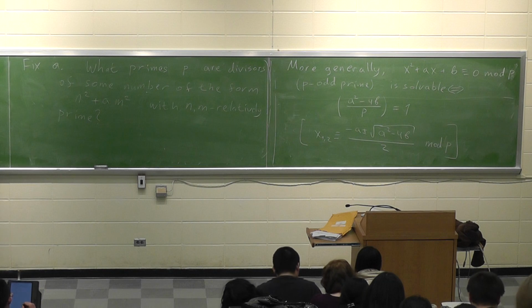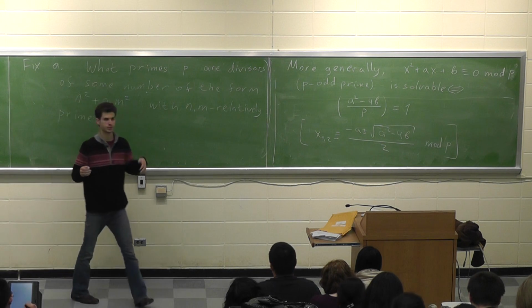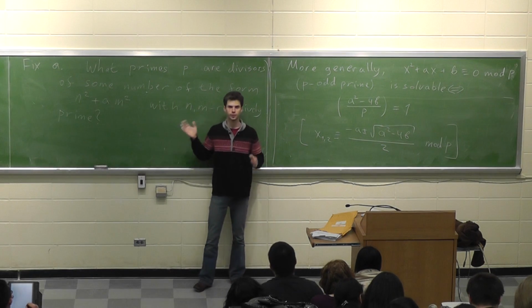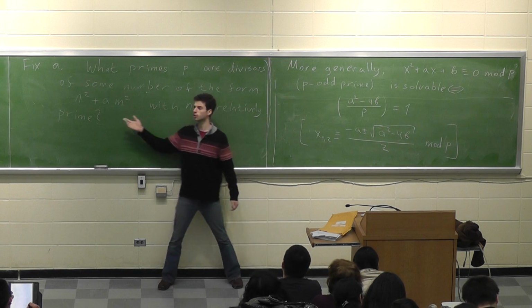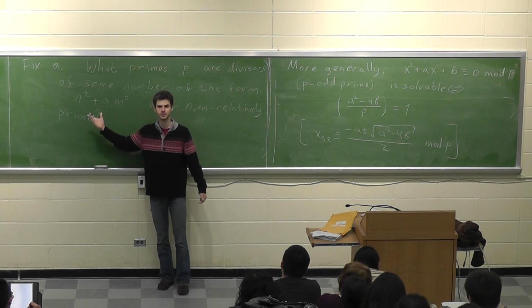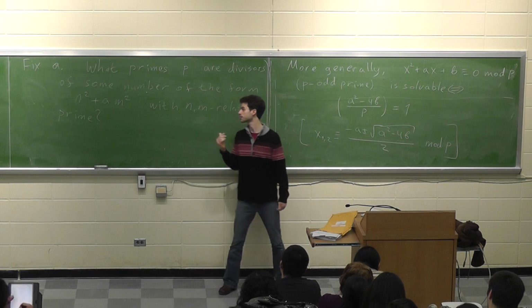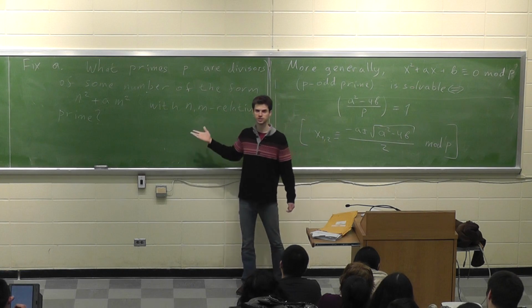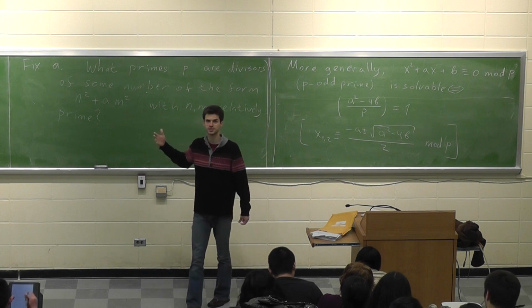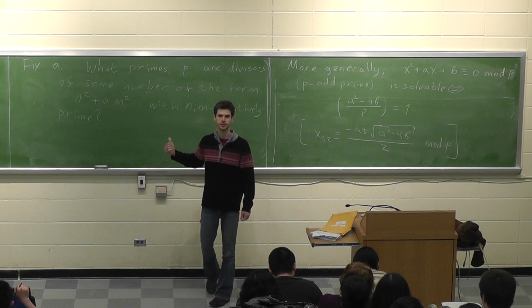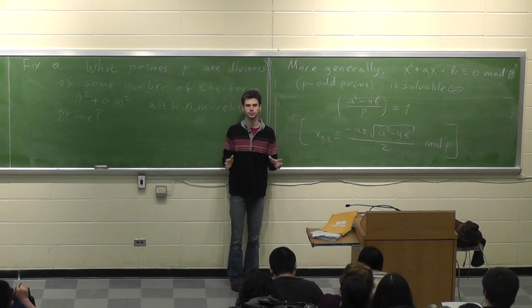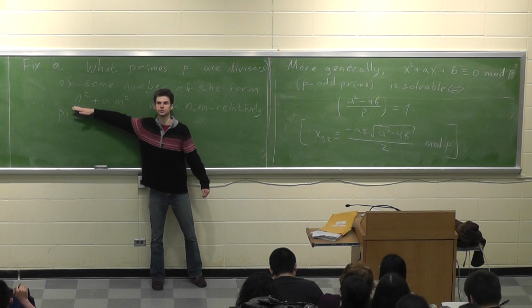So, for example, if a is equal to 1, the question is what prime numbers could be divisors of the sum of two relatively prime squares. It turns out that quadratic reciprocity gives you a complete answer to this question. You can figure out exactly what prime numbers could be divisors of such a thing.